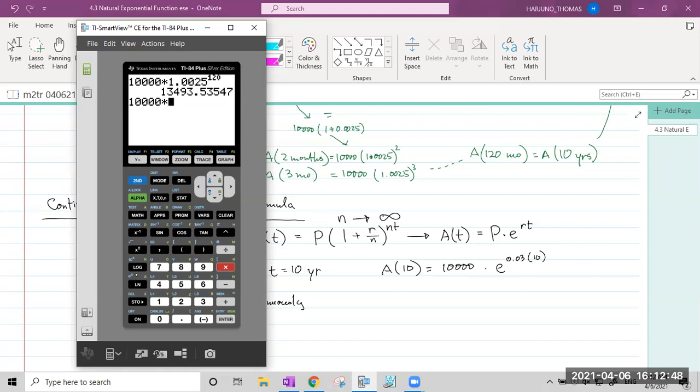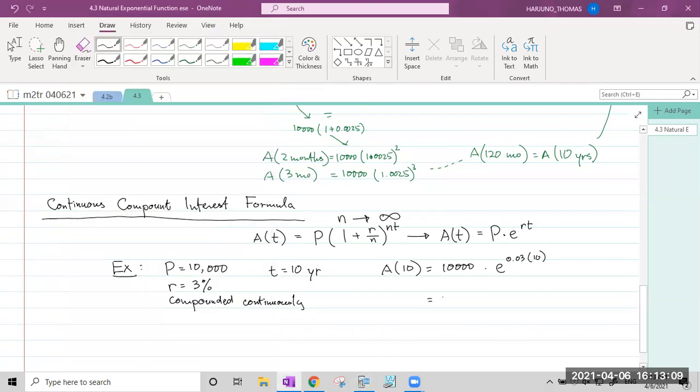For my calculator, it's second e to the x here. Okay, 0.03 times 10. That's 13,498.59.